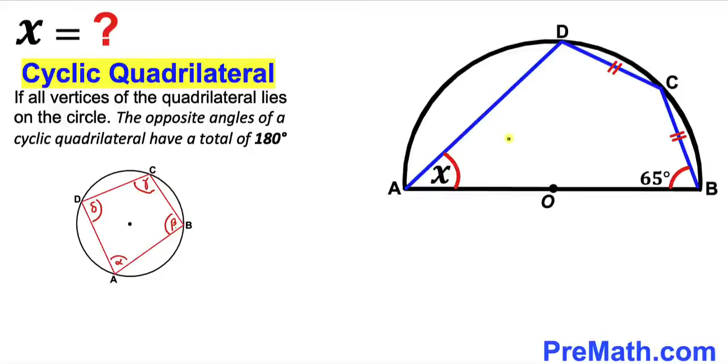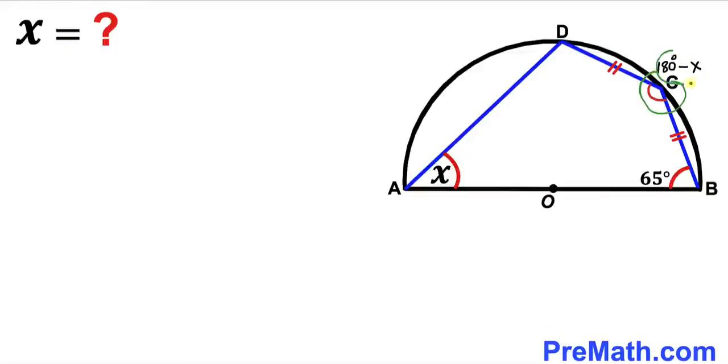So therefore, we conclude that this given quadrilateral ABCD is a cyclic quadrilateral, since all of its vertices A, B, C and D lie on the very same circle. Furthermore, this angle and its opposite angle BCD, the sum is going to be 180 degrees. So therefore, we conclude that this angle BCD is going to be equal to 180 degrees minus x. And if we add these two opposite angles, it adds up to 180 degrees indeed. So thus our angle BCD turns out to be 180 degrees minus x.